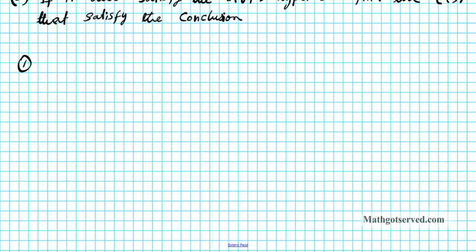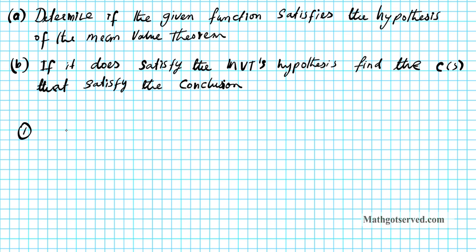What if we have the function f of x is equal to x to the 1/3 plus 1? Let's say we're looking at this on the interval -1 to 1.